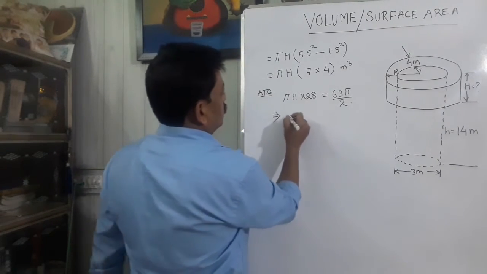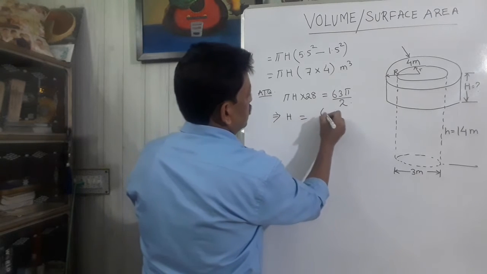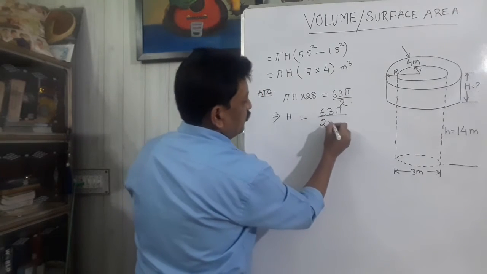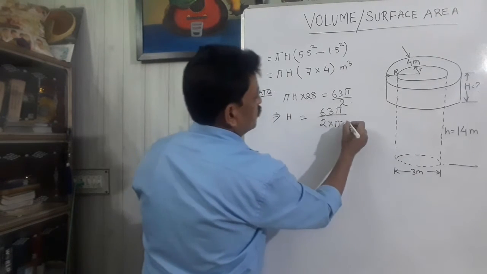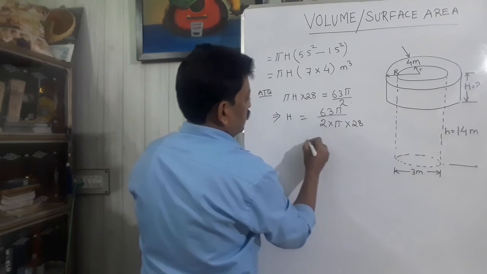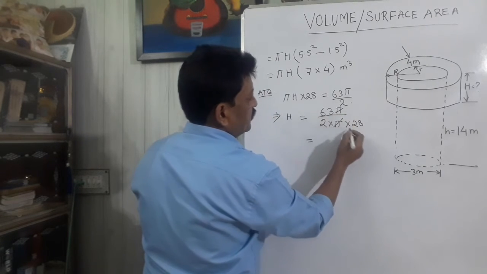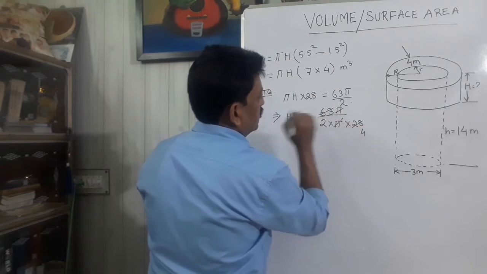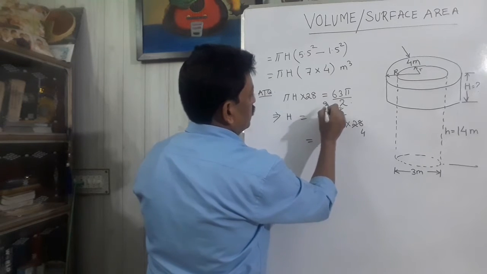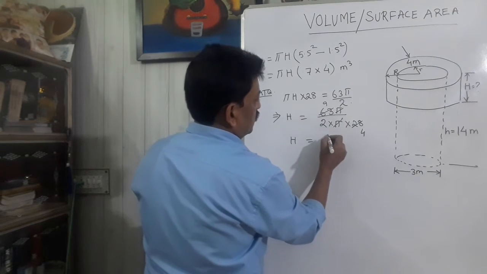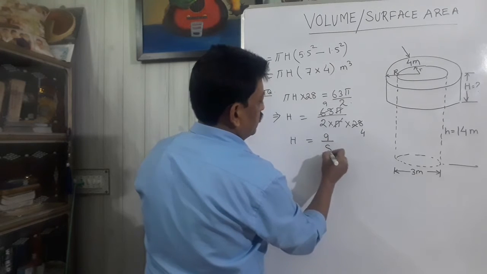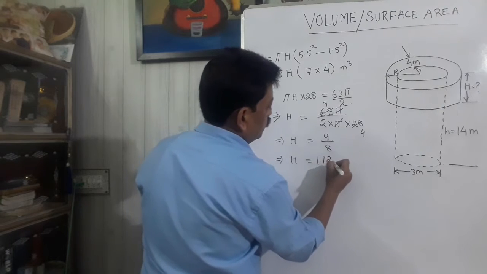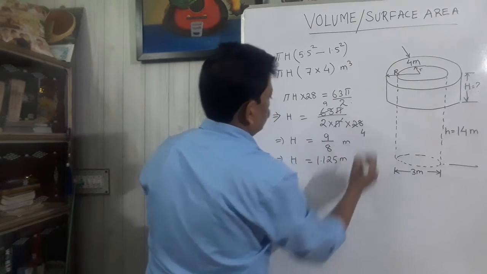Which implies H equals 63 pi divided by 2, and pi and 28 come in the denominator. This pi will be cancelled. 7 into 4 is 28, 7 into 9 is 63. So H equals 9 upon 8, that is H equals 1.125 meter.